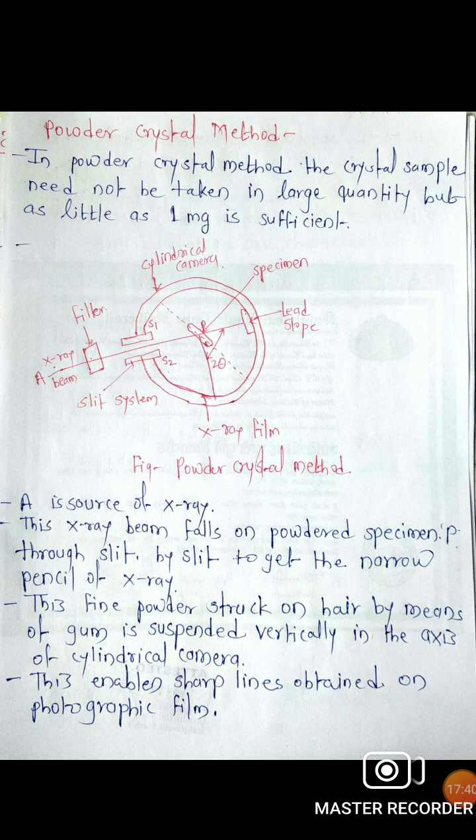The function of the slits is to get a narrow pencil of X-ray. The slit does the work of a collimator here. In an X-ray spectrometer we get the narrow beam by using the collimator. Here S1 and S2 slits are used to get the narrow beam of X-ray radiation.